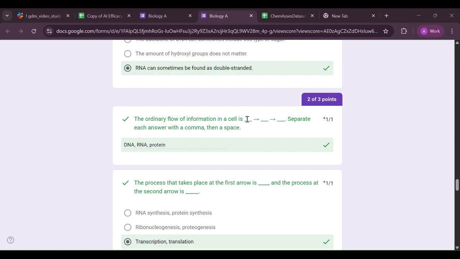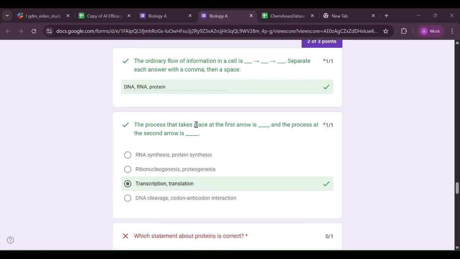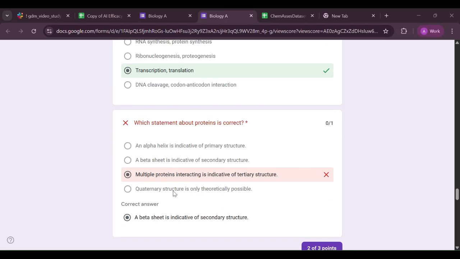So first will be DNA to RNA, then RNA to protein, which is the central dogma of biology, followed by the question: the process that takes place at the first arrow and the process at the second arrow. As we know, conversion of DNA to RNA is transcription and conversion of RNA to protein is translation. So option C is correct and I have correctly answered this.